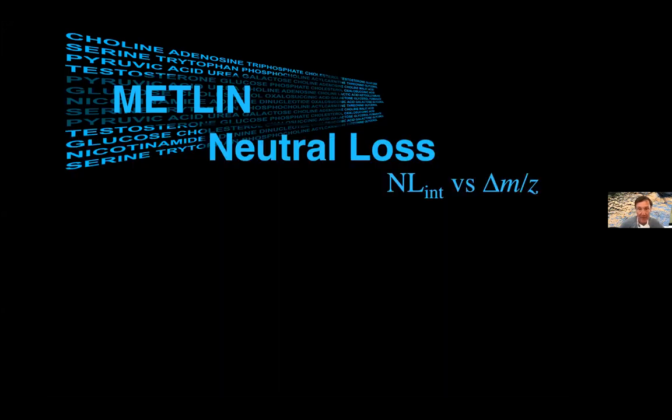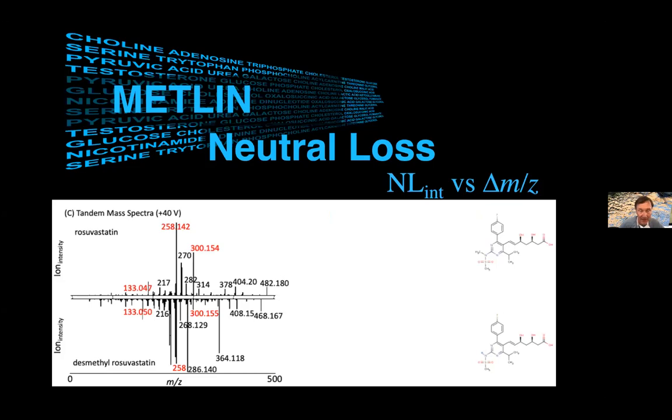One of my favorite examples is the statin molecule. This is rosuvastatin versus the demethylated version of that statin, and you can see here is the place where the methyl group is missing. So these molecules are clearly very similar.